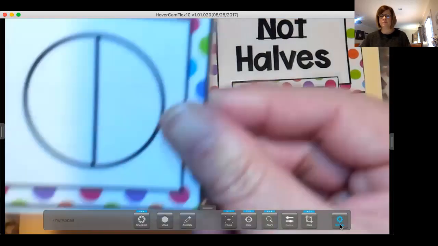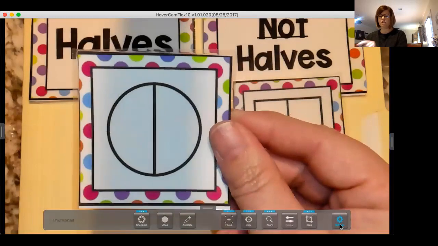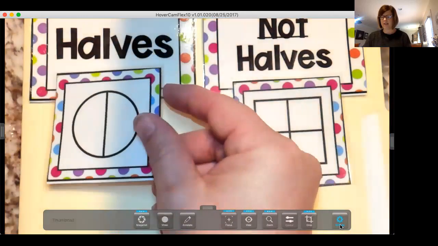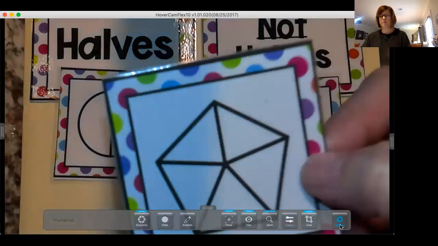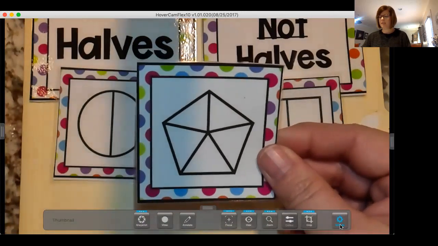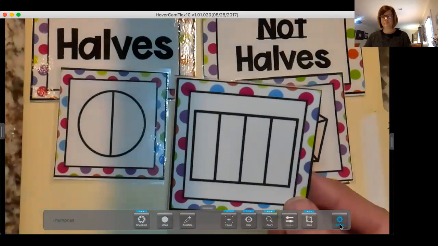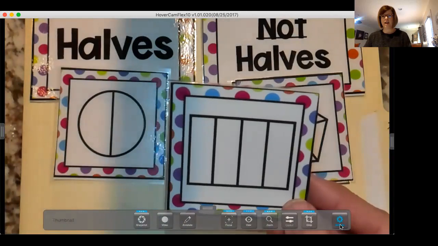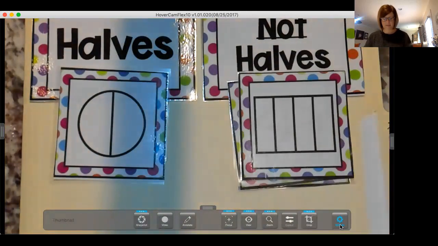How about this one? Halves, good job. I see two sides and they're equal. Yes, they are halves. How about this one? Do you see two pieces? So we know that's not a half, is it? How about this one? Is that halves or not halves? Not halves, good, because there's four pieces. How about this one?